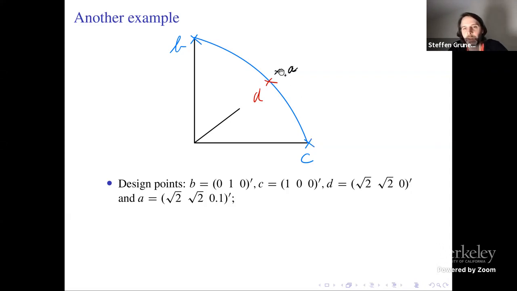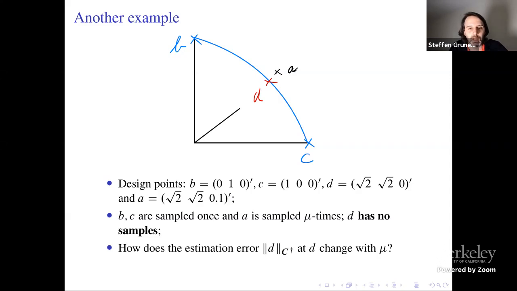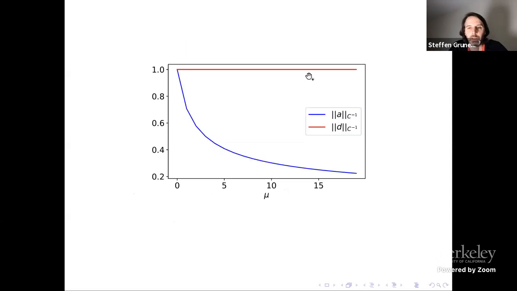So at least now I would expect that the mean squared error decreases significantly with mu as we get more and more samples at A. I've scribbled down the definitions of these points, but this is secondary. So assume B and C have a single sample, D has no samples, and I'm interested in the mean squared error of D using all the samples, including a lot of samples of A. So this is a plot for it. The error for A goes down as expected.